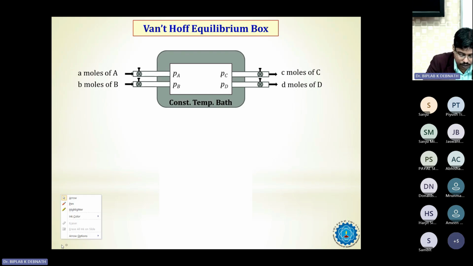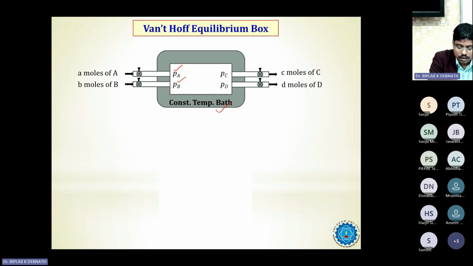After entering the constant temperature bath, the partial pressure of substance A is Pa and the partial pressure of substance B is Pb.